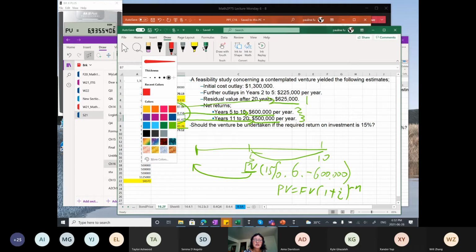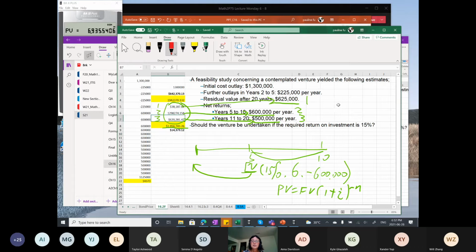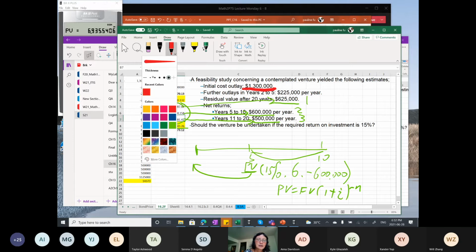Okay, try to change the color of my pen. Money outlay, you have initial cost. This is money outlay.